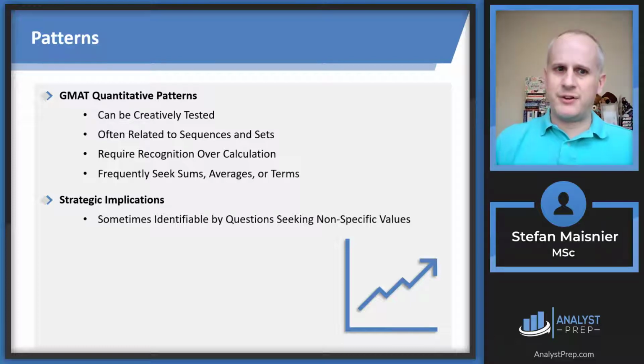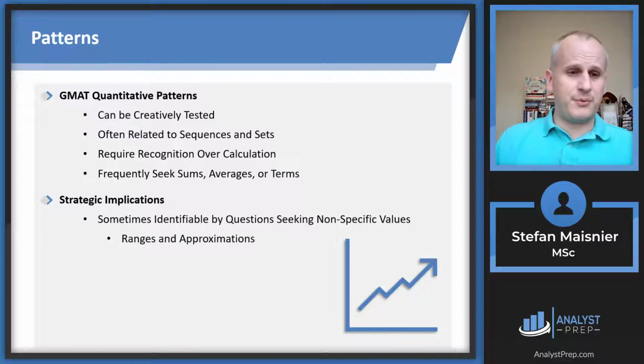So if you're being asked for something that isn't like an actual value, but some sort of weird thing, like what is the digit or what is the repetition term, that's how you can sometimes recognize these types of questions. They'll also often deal with ranges and approximations, not exact values.